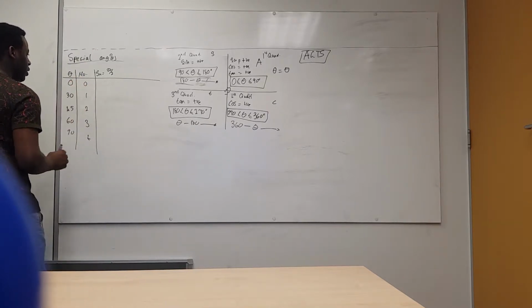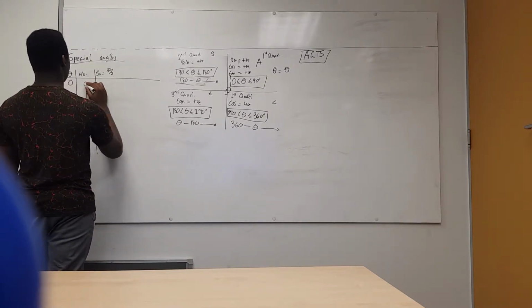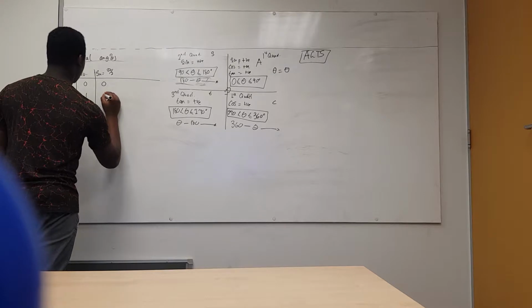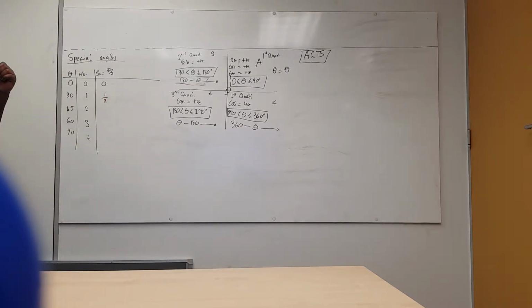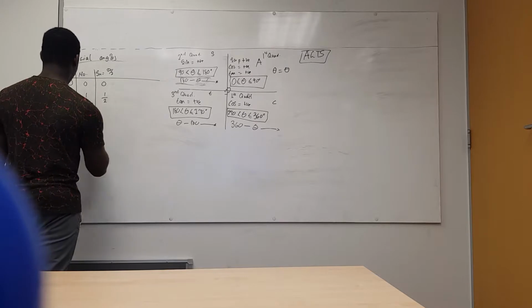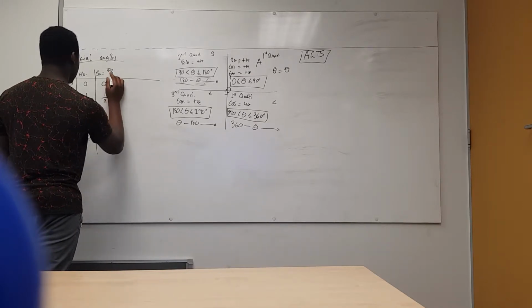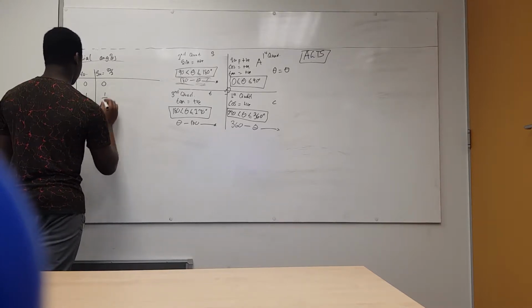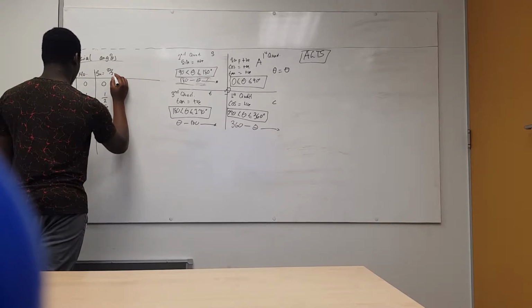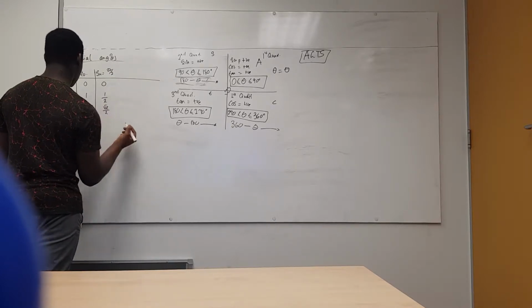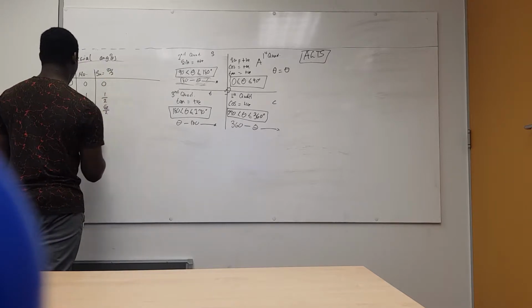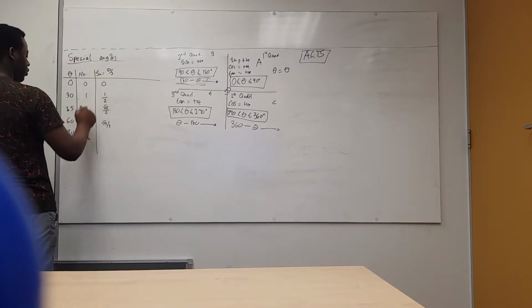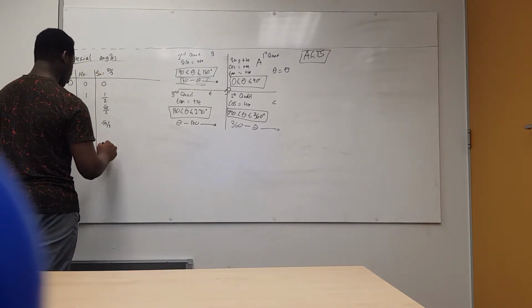Sine of 0 will be root 0 divided by 2, which is 0. Sine of 30 will be root 1 divided by 2, that's a half. Sine of 45 is root 2 divided by 2. Sine of 60, you see what I'm talking about? Sine of 60 is root 3 divided by 2. And sine of 90 is root 4 divided by 2, which is 2 divided by 2, which is just 1.